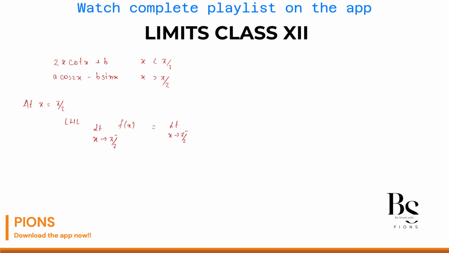Which function is called? This function. So it will be 2x cot x plus b. Now what is cot pi by 2? tan pi by 2 is not defined, so the opposite of not defined is 0. So cot pi by 2 is 0. So here you are left with 0 plus b. Equation number 4. This is our LHL, left hand limit.